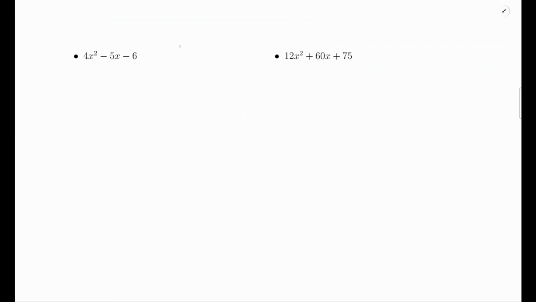So now, for the asterisk method, draw an asterisk, hence the name, and then A times C goes on the top, so 4 times negative 6. B goes on the bottom, so negative 5. Do not forget the signs.